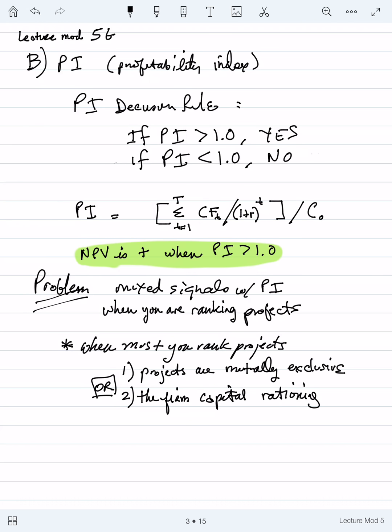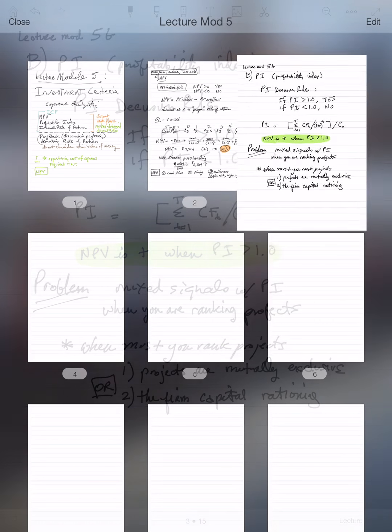So what's going on here? We want to do a basic example with mutually exclusive projects, A and B.